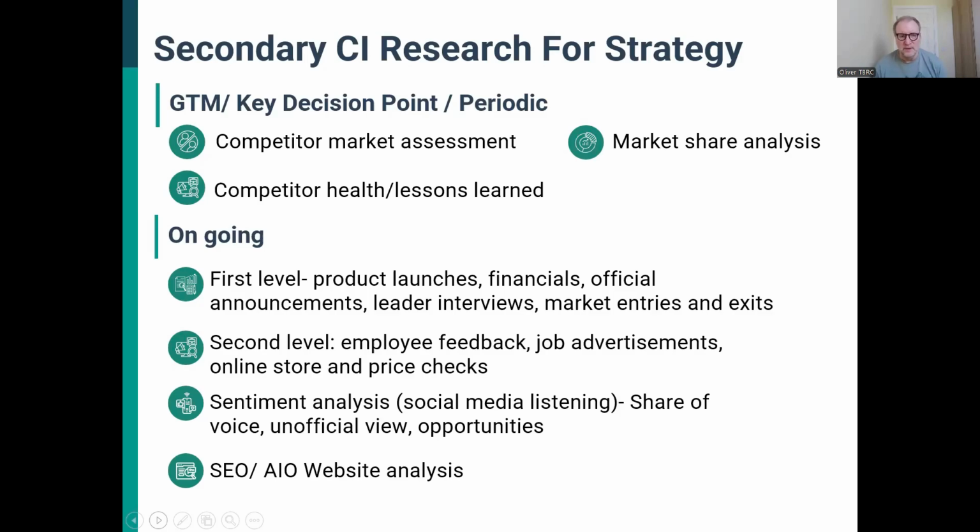These are not things that you can do continuously on a monthly basis, and they're things that people often utilize research houses to help with, because of the amount of effort involved, and the skill set involved in doing this kind of deep dive assessment, really looking deep into the competitive landscape.